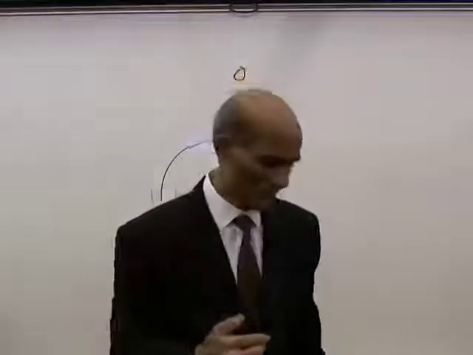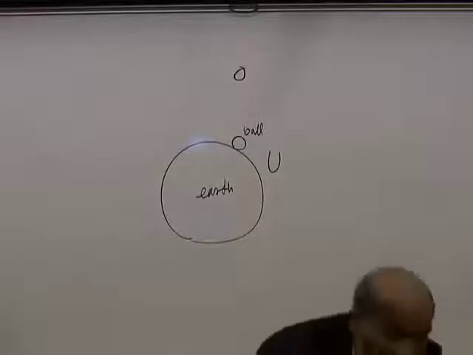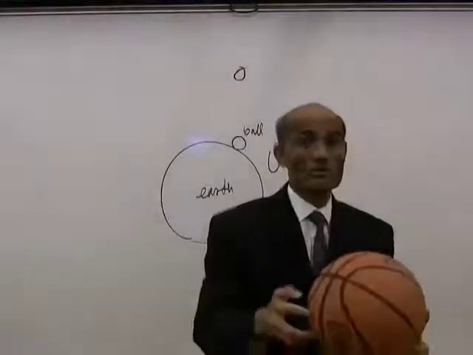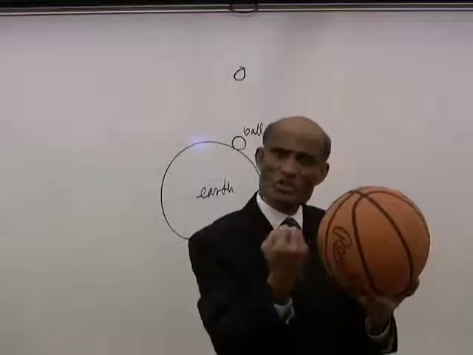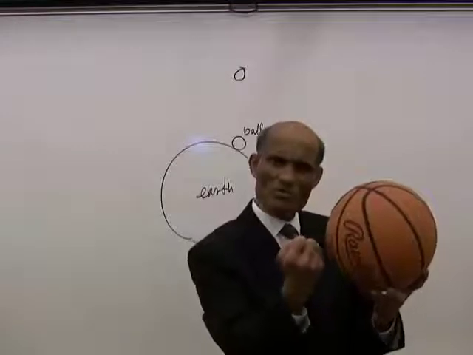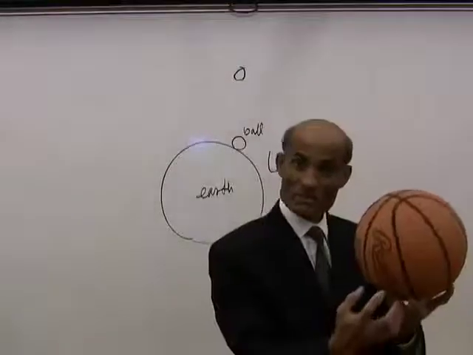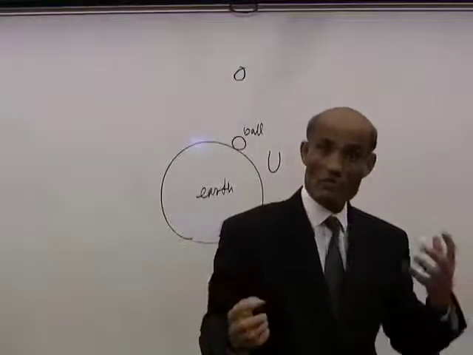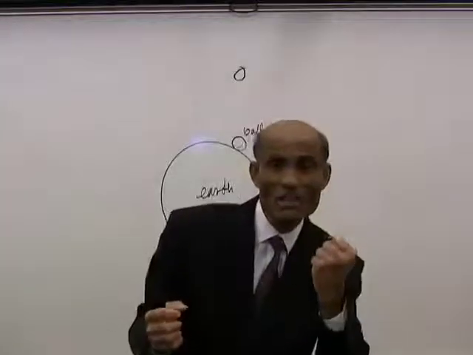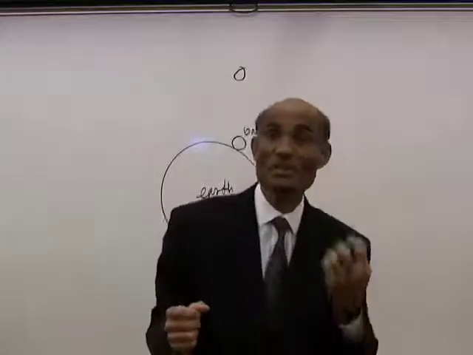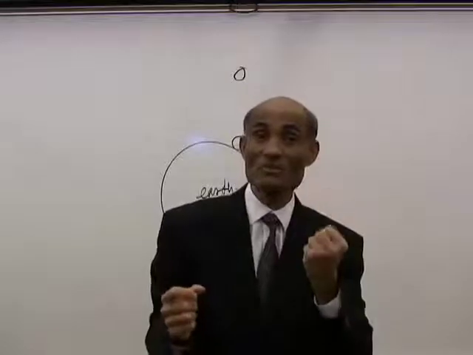What does that mean? You see, when I lift the basketball, the force of gravity tells the basketball, hey, you, come back. Isn't it? The moment I let go, it goes back. So what is the tendency of a conservative force? The gravitational force is a conservative force.